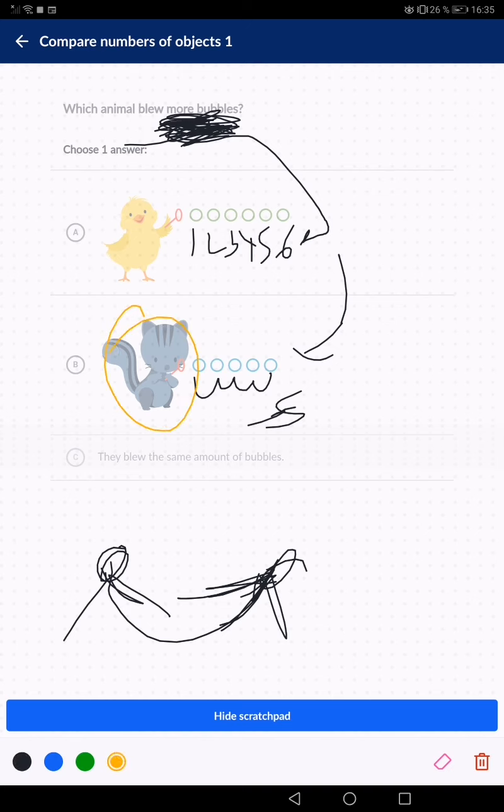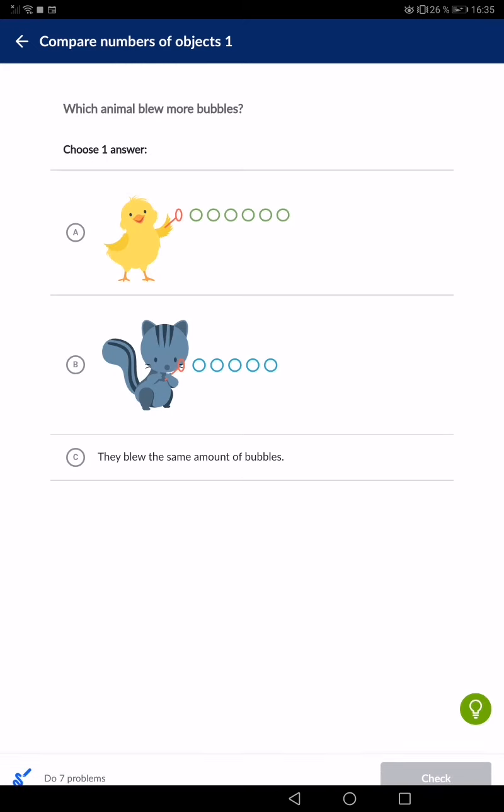The cat blew one less bubble than the chick, and the chick blew one more bubble. Right? The chick blew one more, and the cat blew one less. So they can relate it to each other, right? So the chick blew more.